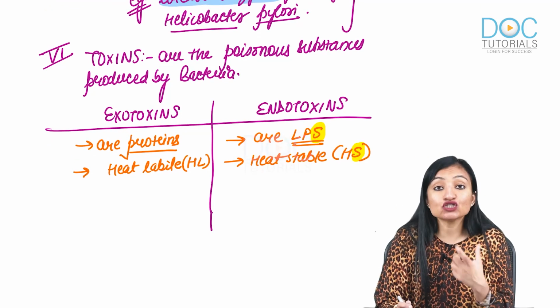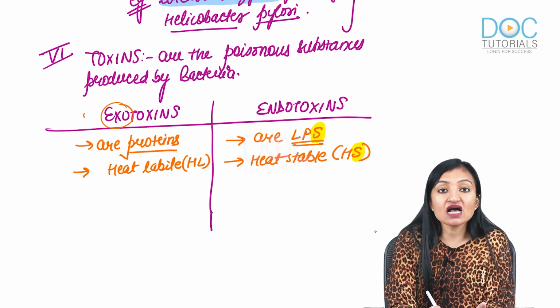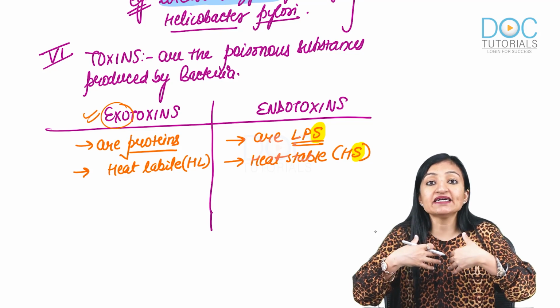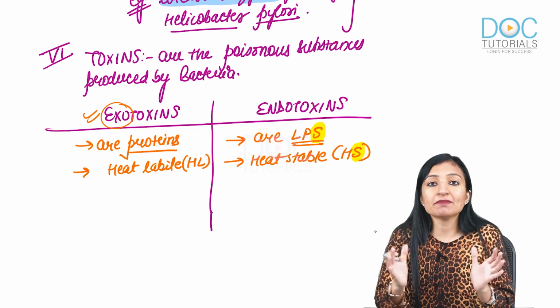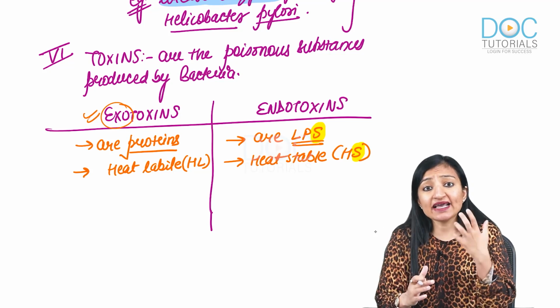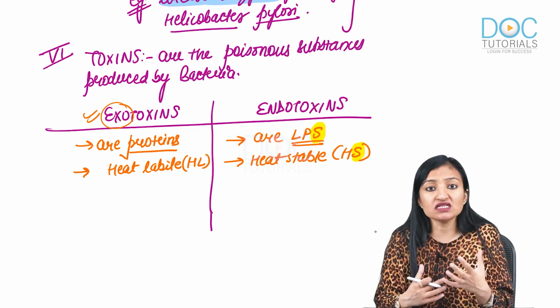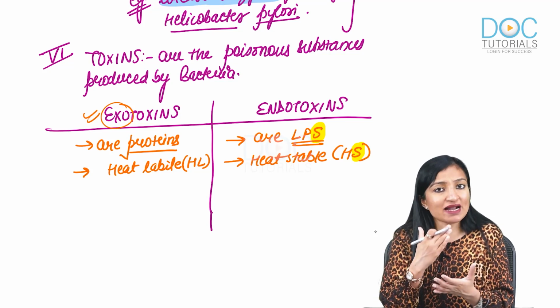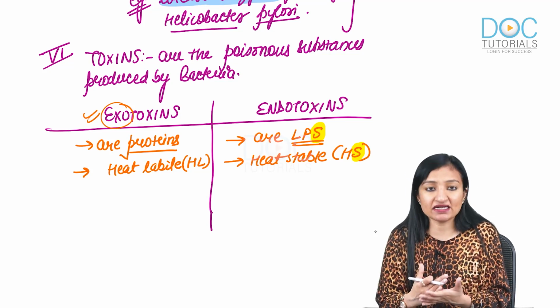Now exotoxins, exo means outside. As the name implies, exotoxins are secreted out into the environment by the bacteria, and exotoxins are nothing but proteins manufactured by a bacteria, and they are produced by both gram positive and gram negative bacteria.